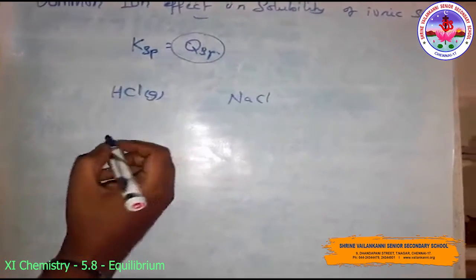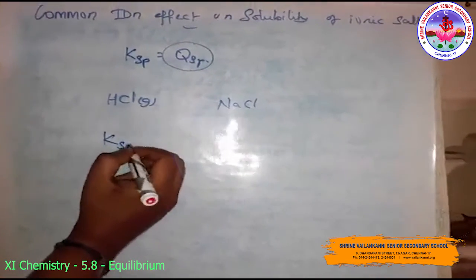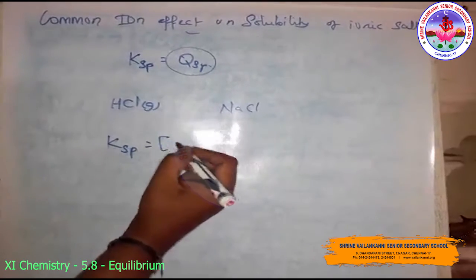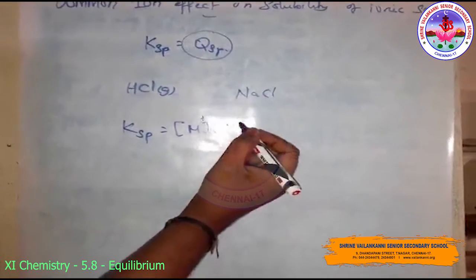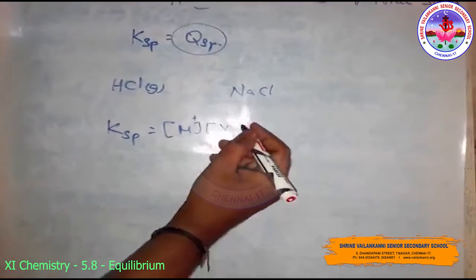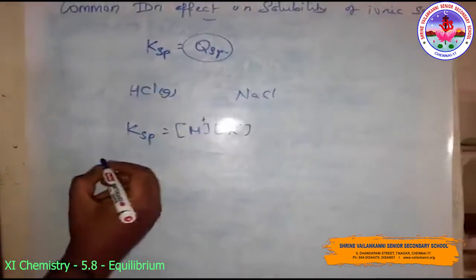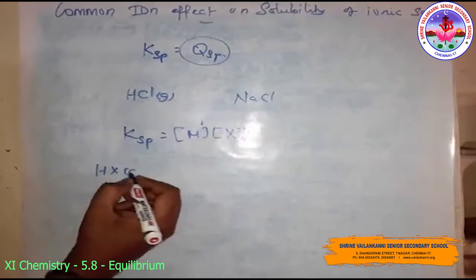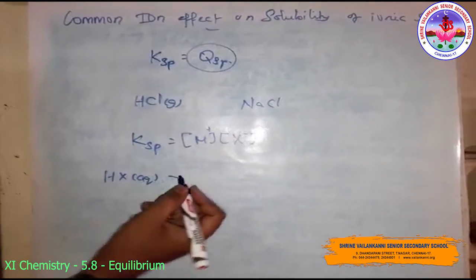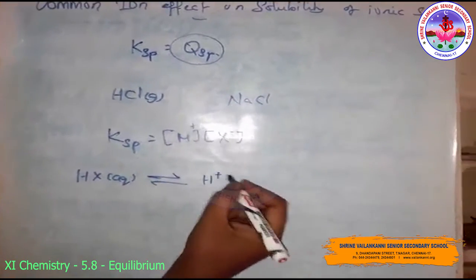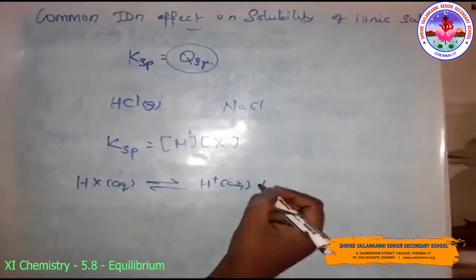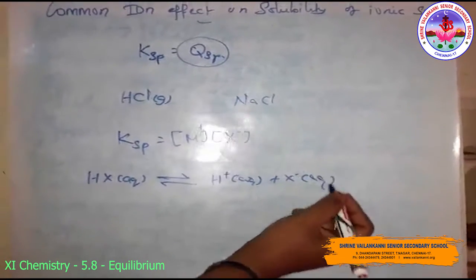So we can write it like this: Ksp is equal to the concentration of metal ion and the concentration of the halide ion. Here the equation is: HX aqueous dissociates, that means it gives H+ aqueous plus X- aqueous.